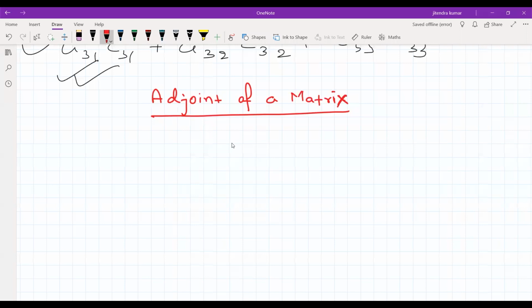Okay, so now we are going to use matrix and determinant concepts together. As you can see the topic here, adjoint of a matrix. So we are talking about a matrix now. We are going to find the adjoint of a matrix using the determinants.